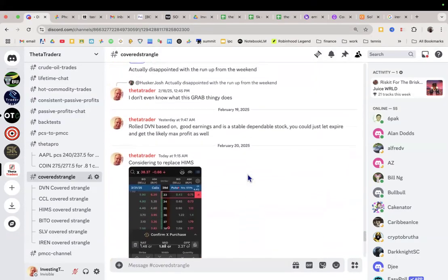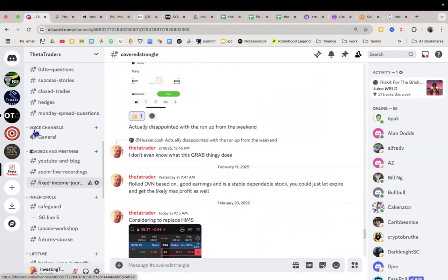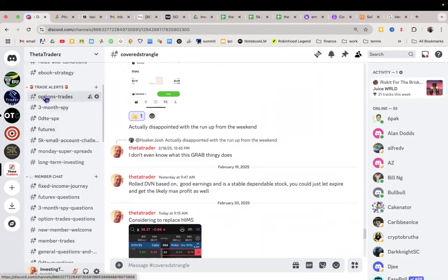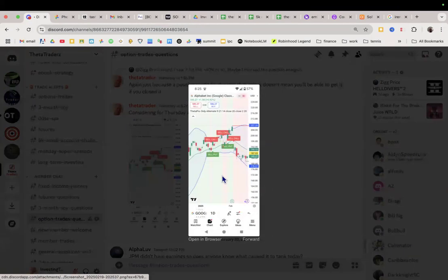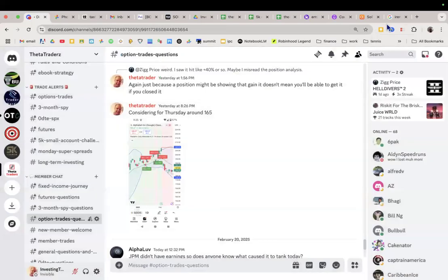I do some trades there. Some of you guys are in the daily credit spreads, so I just use this to find possible positions that I sold credit spreads on. So this one I did on Google today, and I sold a put, for instance.